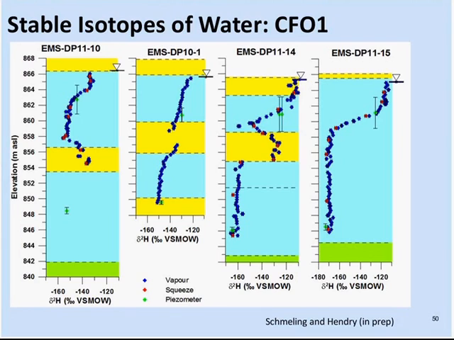You see a green dot with an error bar on it, just slightly down from the top on the far right panel, and one near the bottom. Those are the existing wells. The blue dots are the core equilibration, and the red dots are the squeezed samples. Now, you can quickly see here that the core equilibration identically matches the water that was squeezed from these cores.